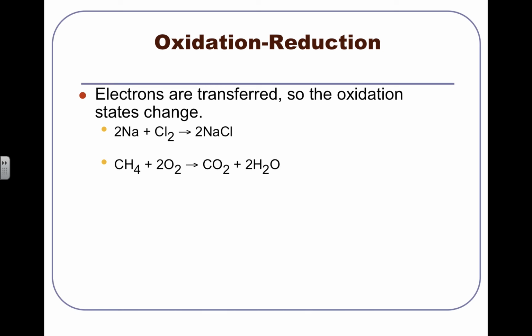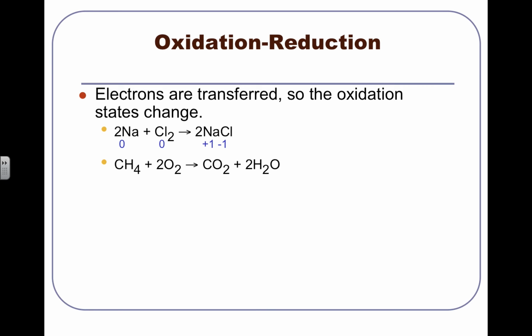In our first example, we have sodium and chlorine reacting to form sodium chloride. There are electrons transferred here, and the best way to see this is to identify the oxidation numbers. We do that, and sure enough, sodium goes from 0 to positive 1, and chlorine goes from 0 to negative 1.